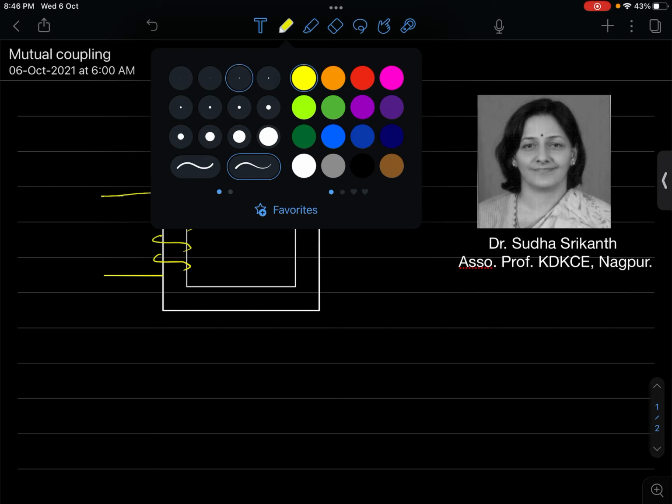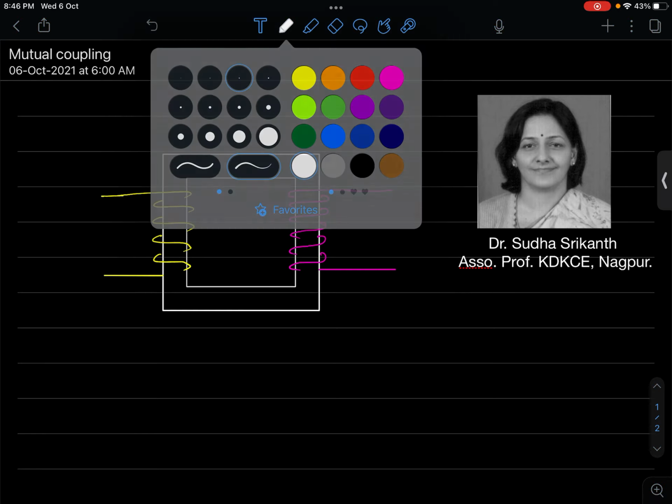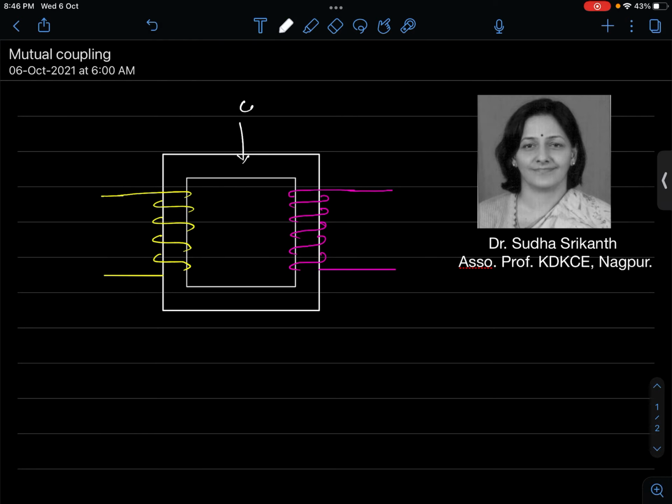I'm imagining another coil wound on the same core, in the anti-clockwise direction. So let me keep the second coil in this manner. These are the two coils that we have, kept on this core. These are the two windings.